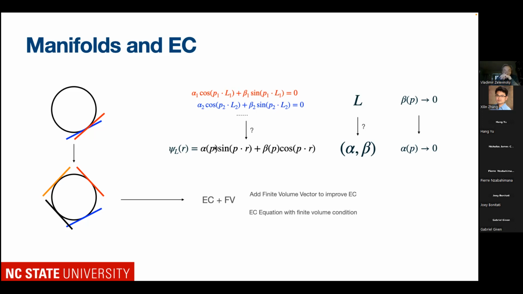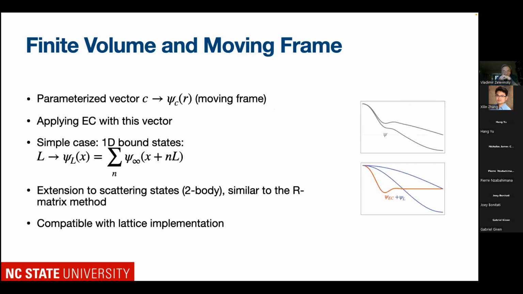For the finite volume case, it's a little bit tricky because the finite volume conditions form a circle instead of just a localized Euclidean space. The way to solve this is to sample the EC vectors evenly across the circle. Or, because we actually know what happens in the finite volume, we can use these vectors together with EC and form a new method, which I'm currently working on.